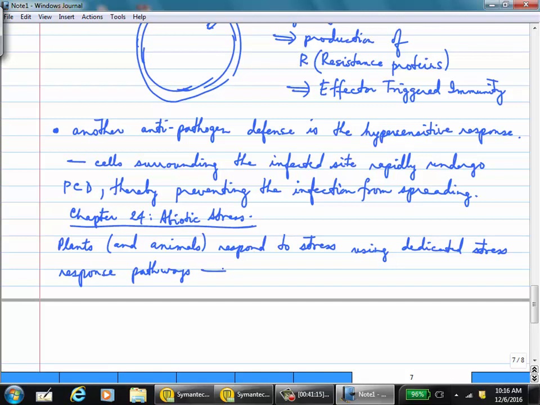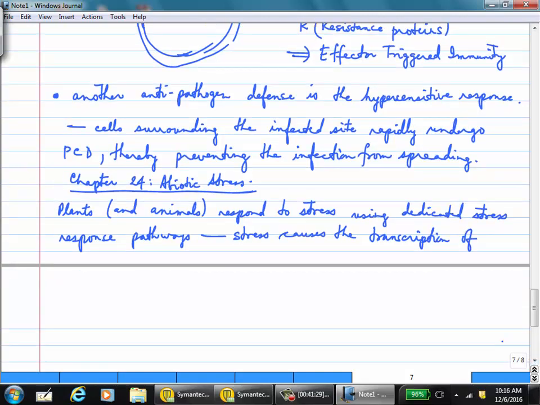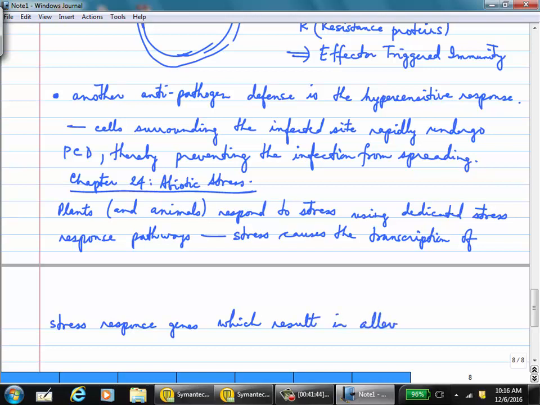So stress causes the transcription of what are called stress response genes, which result in alleviation of the stress.